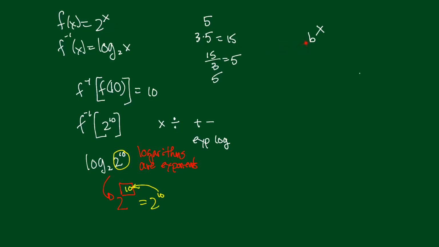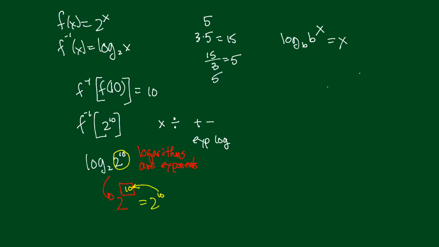Just use any base, bigger than 0, not equal to 1. So I'm exponentiating the x. This is an exponential. I start with some number x, I exponentiate it, but then I undo it by taking the logarithm base b of this thing. So what do you get? You're right back at x, because the exponential is undone by the log.